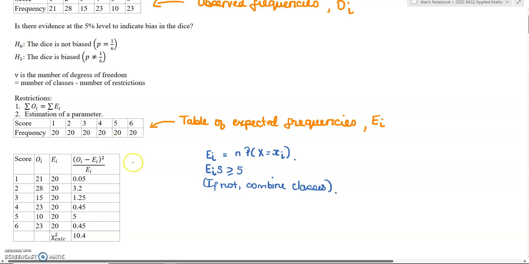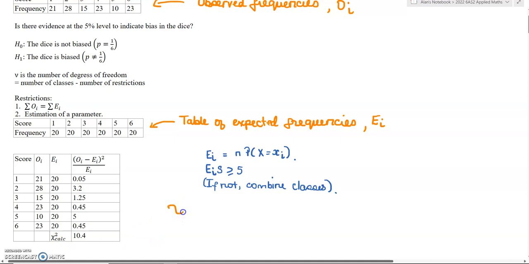Okay, so what we do now, we create a table with scores, our observed frequencies, and our expected frequencies. And then now we move on to calculate our chi-squared calc, and our chi-squared calc is our observed frequency minus the expected frequency, squared, all over our expected frequencies. So we do our calculations, and then the sum, the total here, is our chi-squared calc.